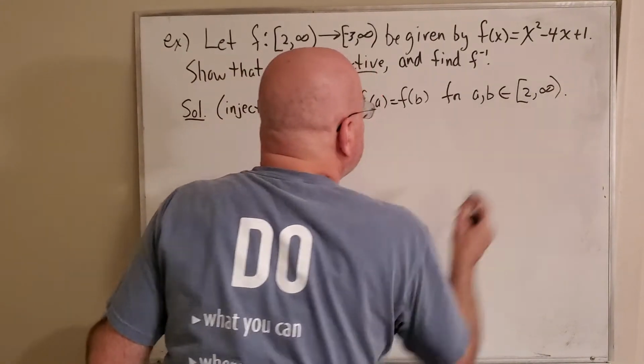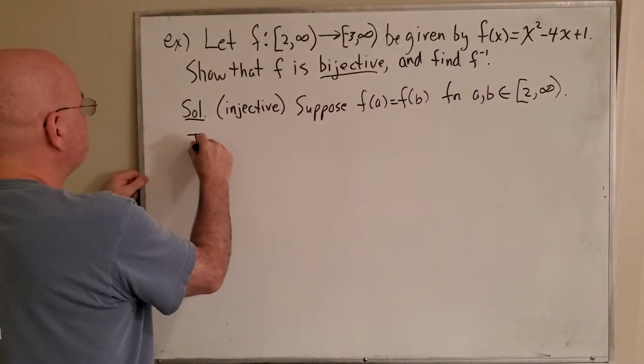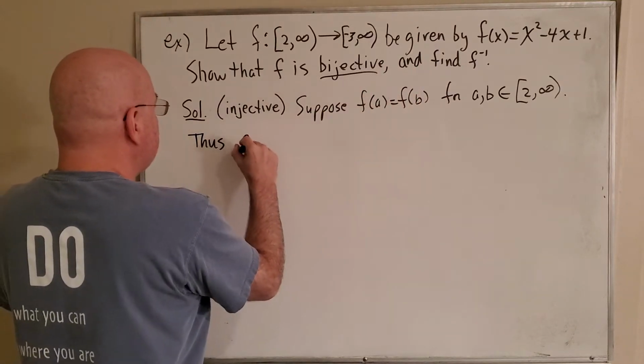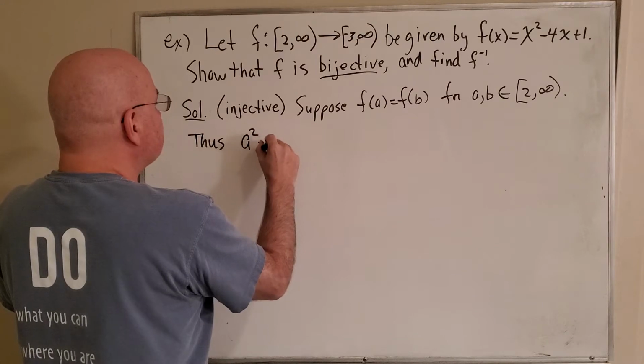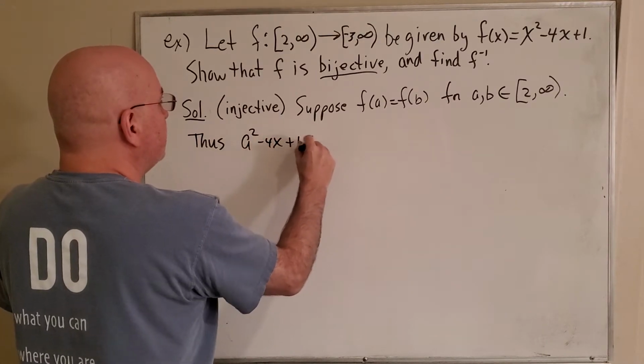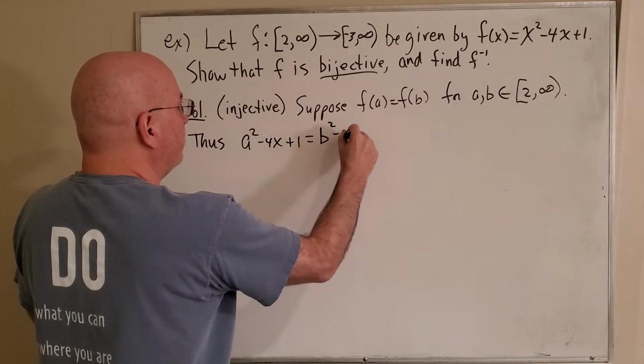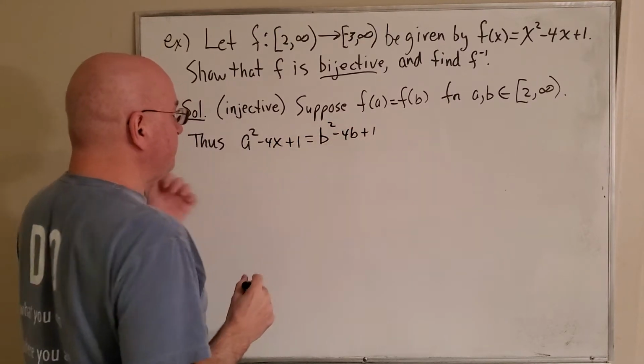So, thus, f of A is a squared minus 4a plus 1, equal to f of B, b squared minus 4b plus 1.